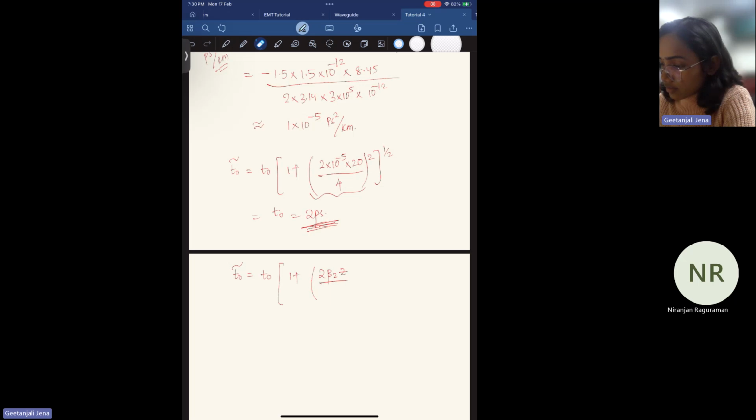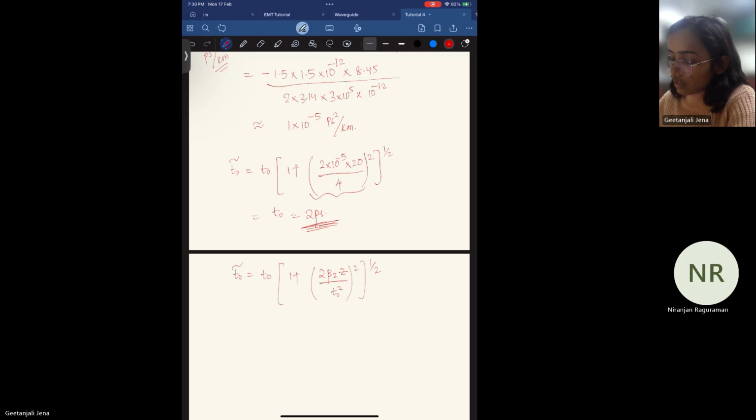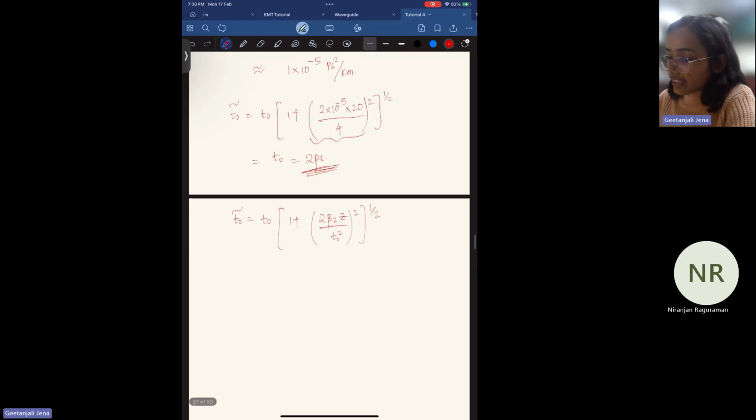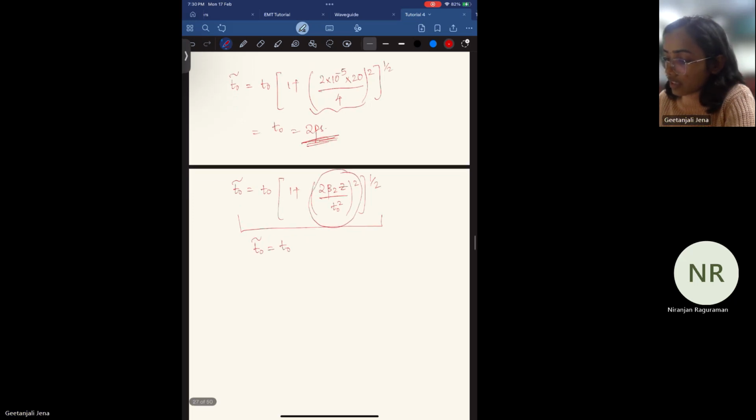This is T0 square. So this expression itself says T0 tilde will be T0 when this term, beta 2 Z by T0 square, is much less than 1.